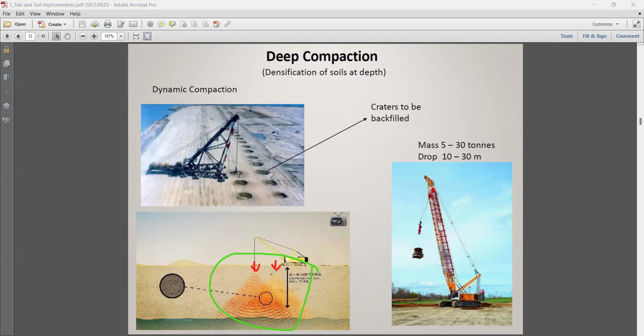It is not densifying this area, but it is densifying this area. If you want to densify the blue colored area, first you drop it here, second you drop it here. So you have to go with very close gaps. If your gap is larger, it's not compacting the very top surface but below that. That's a technique to apply.